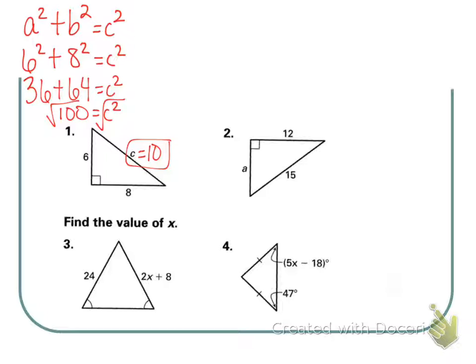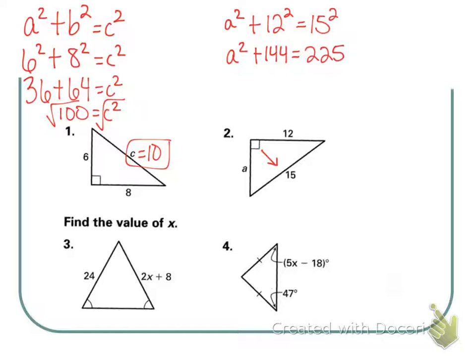Okay, on number 2, we are looking for A. So what did you plug in for B? 12. Good. 12 is the only option to plug in for B. We know that C is always the hypotenuse, or the longest side, or the one that's across from the right angle. 12 squared plus a squared equals 15 squared.